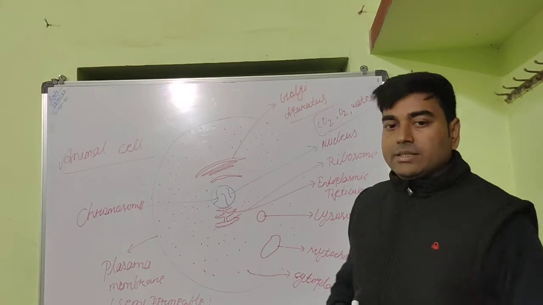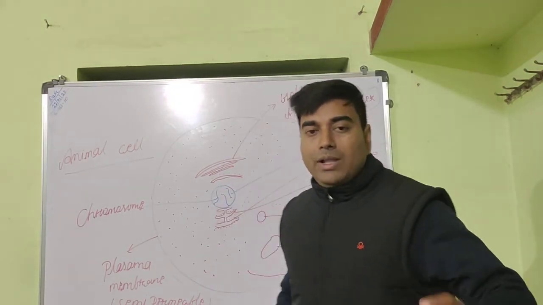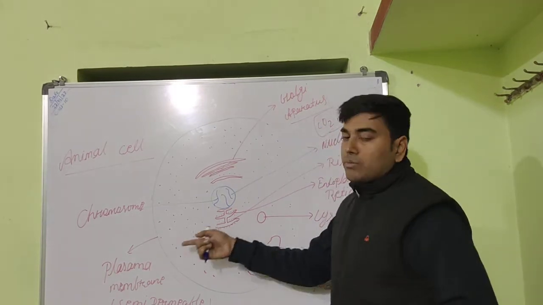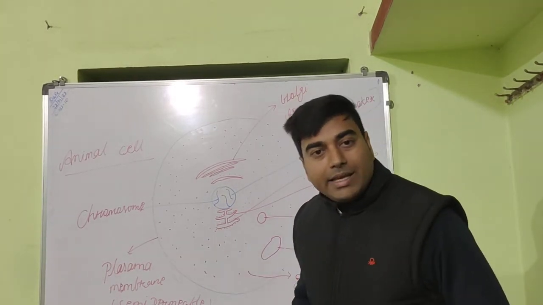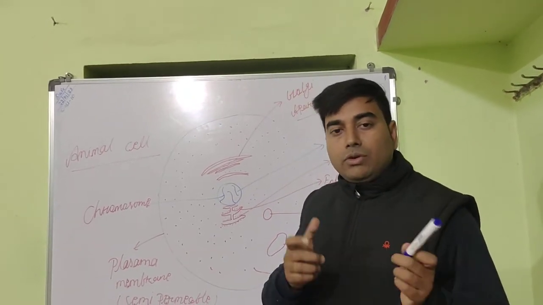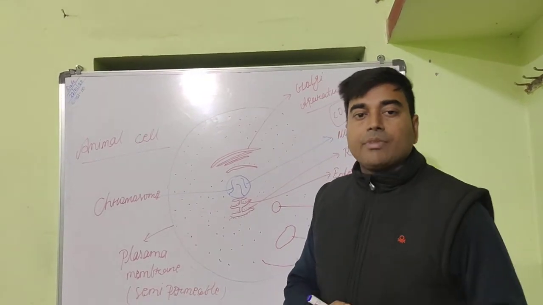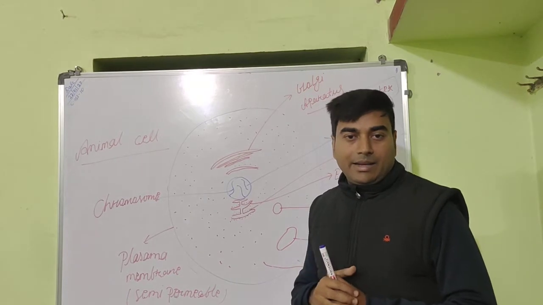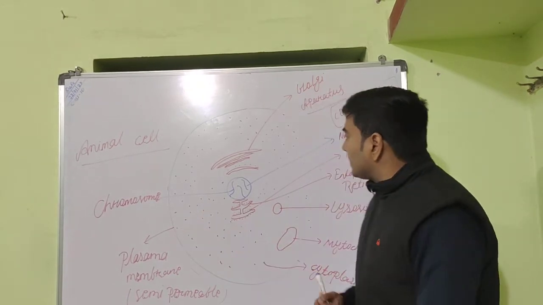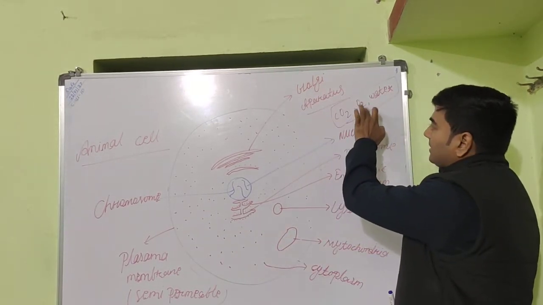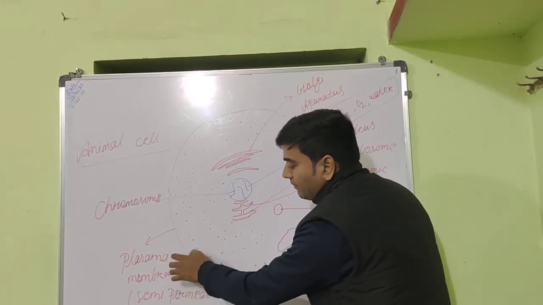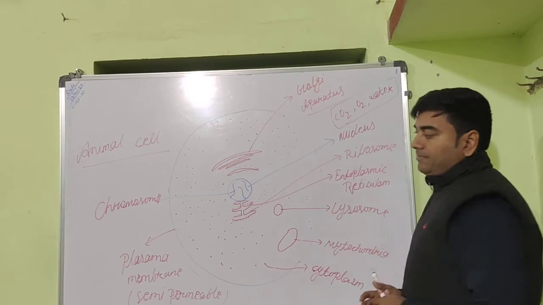And there is a process known as diffusion that helps these components to enter and exit the cell. And what is the diffusion process? Diffusion is the process through which a lower concentrated element moves to the higher concentrated element. And with the diffusion process, carbon dioxide, oxygen and water molecules come in and exit through this plasma membrane.